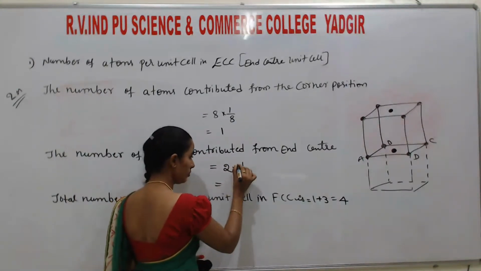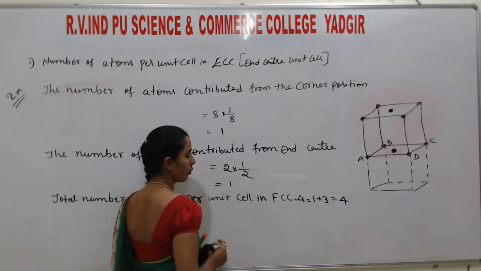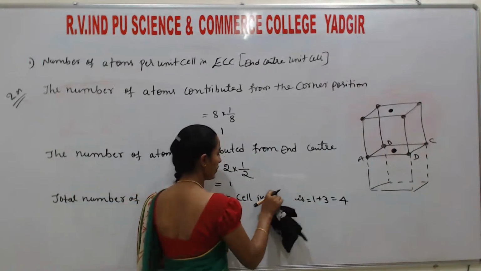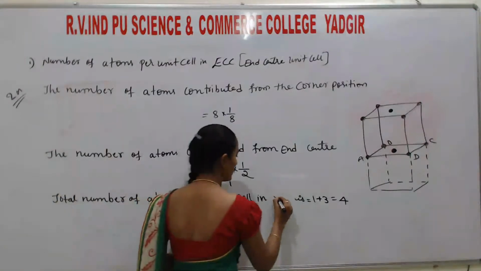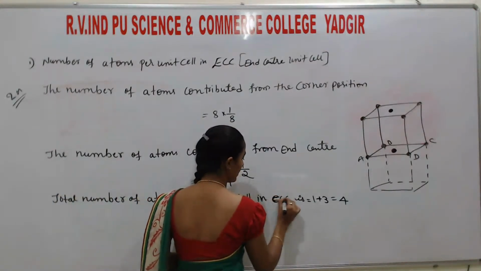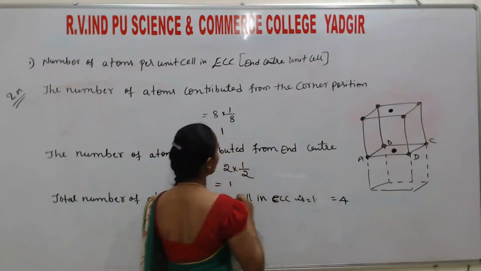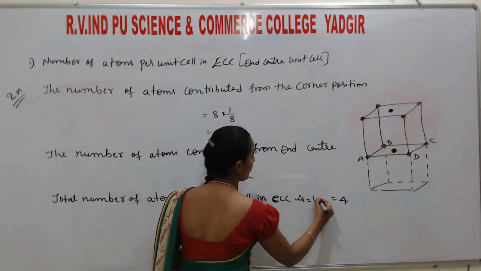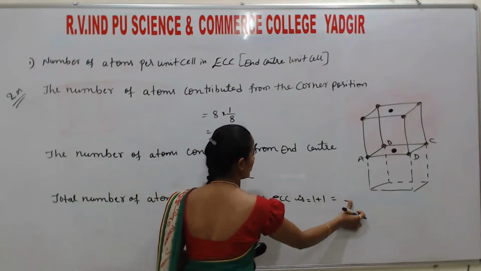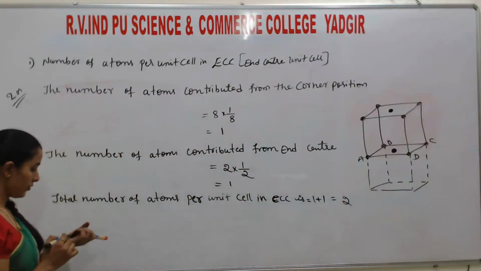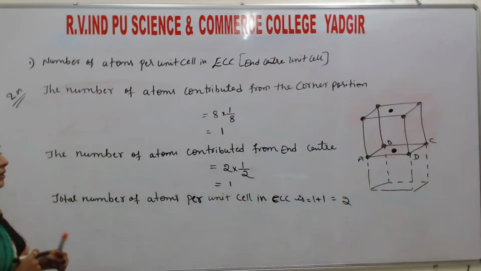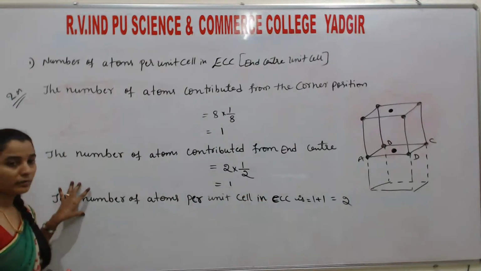Correct? 2 into 1 by 2 is 1. So the total number of atoms per unit cell in ECC is 1 from the corner position and 1 from the end center. Total 2. Understood? So if you wrote these things, then you will get complete marks.